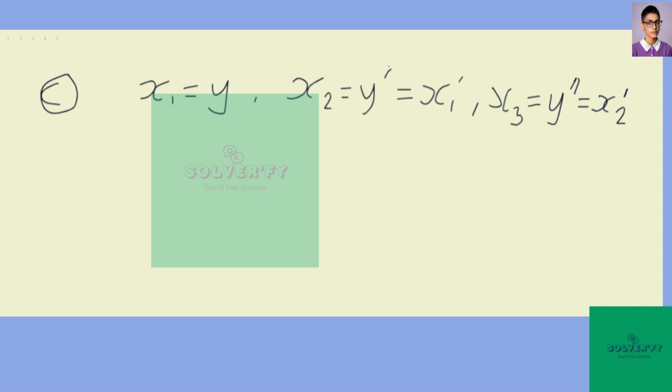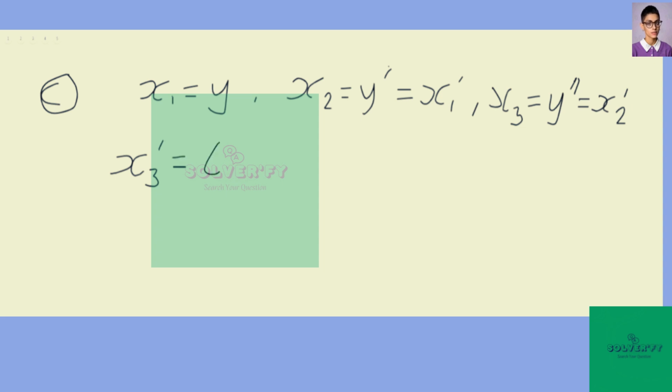And then since we've defined x3 as y double prime, we can rewrite the original differential equation as y triple prime, which is x3 prime. And then we can put the other terms on the right hand side.